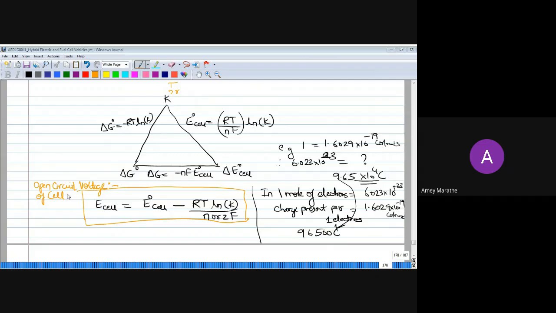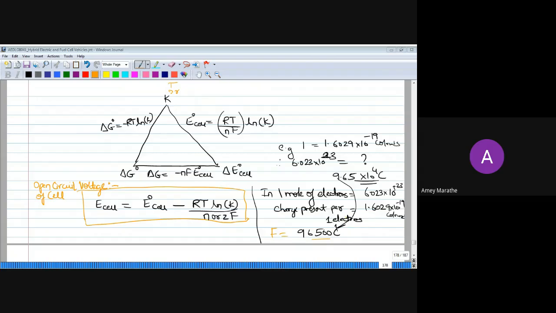It can be given by the formula E naught cell minus RT upon NF times log of K, where now we understand that since we have these in the unit, we want to understand why this Faraday's constant F is 96,500.